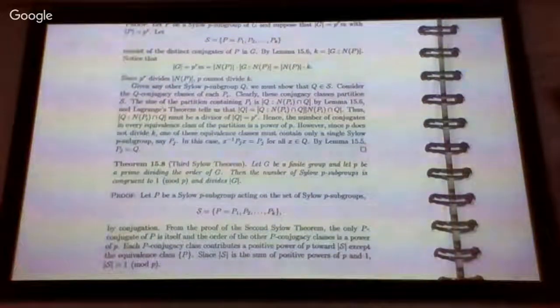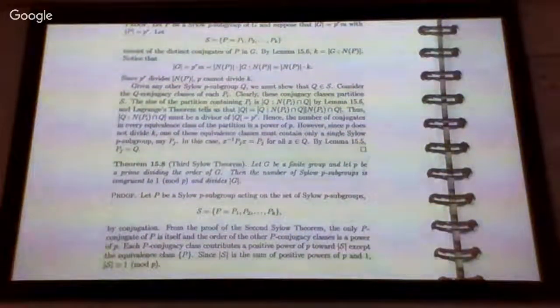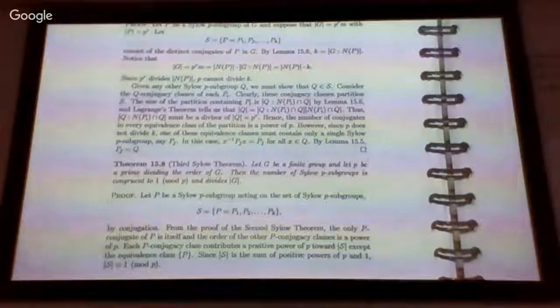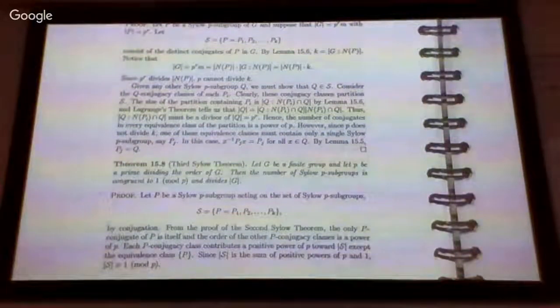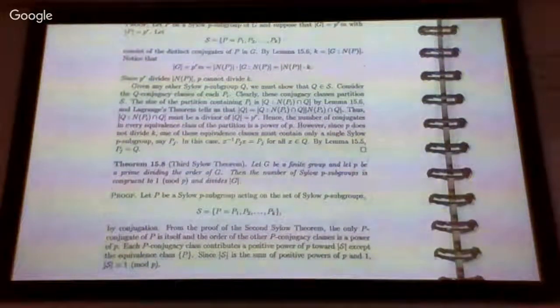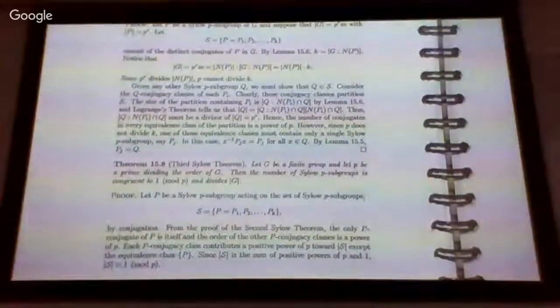As a corollary of that, the proof of this doesn't assume that all the Sylow P subgroups have the same size. But we get out of it a corollary now that they do. So if H and K are Sylow P subgroups, then the size of H is the size of K. And so it must be this maximum P to the R, such that P to the R divides the order of G, but P to the R plus 1 does not divide it.